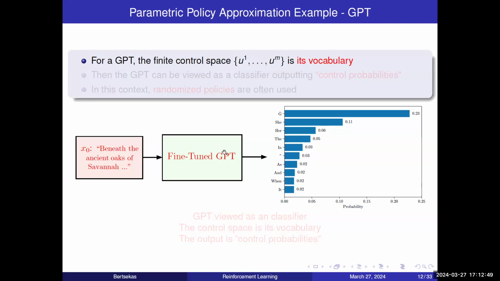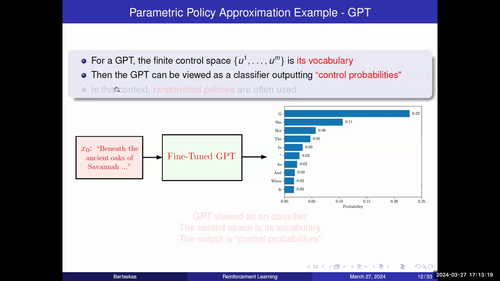So if you have some problem where the state is well-defined and the control is also well-defined, you may train a transformer, and the output of that transformer would be the distribution over its control space, which in this context would be its vocabulary.